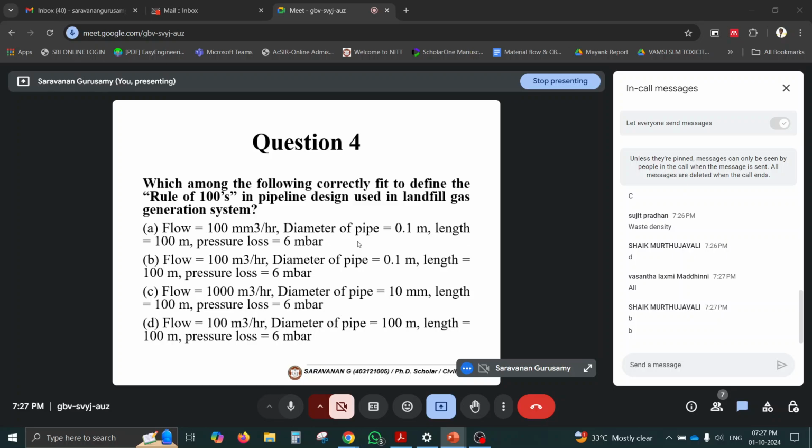Based on that, when the flow is 100 meter cube per hour, the diameter is 100 mm and the length is also 100 meter, then the pressure loss is 6 millibar. The 100 mm is taken as 0.1 meter. So the answer is B. That's correct.